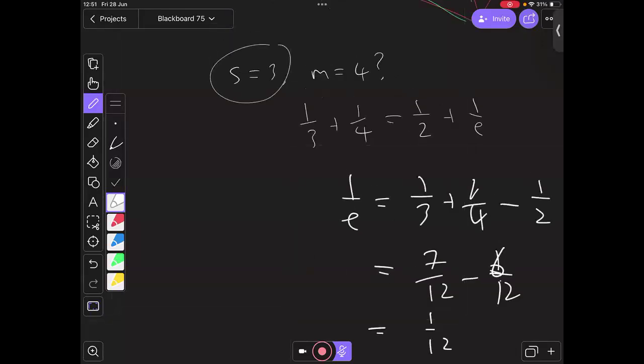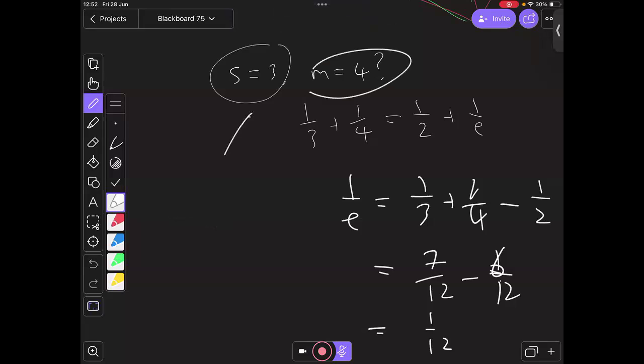Okay, so does this work? Can you have such a shape? So s equals 3 means it's made of triangles. Can m be 4? Yeah, that's 4 of them meeting. So you have 4 triangles meeting at a point.